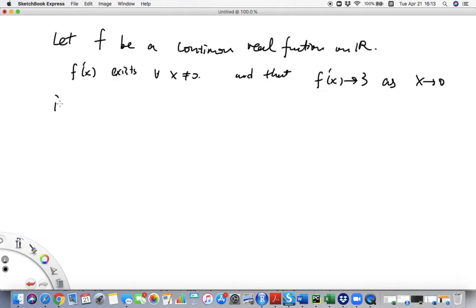So does it follow that f prime of 0 exists?